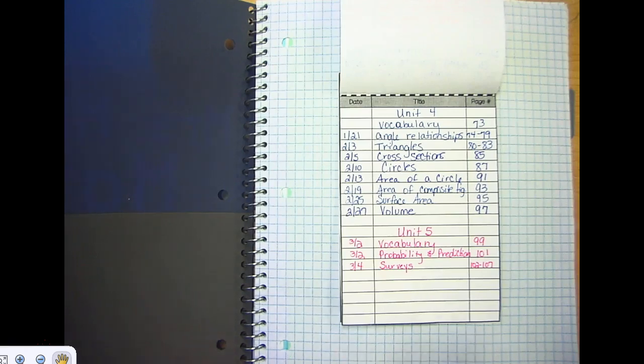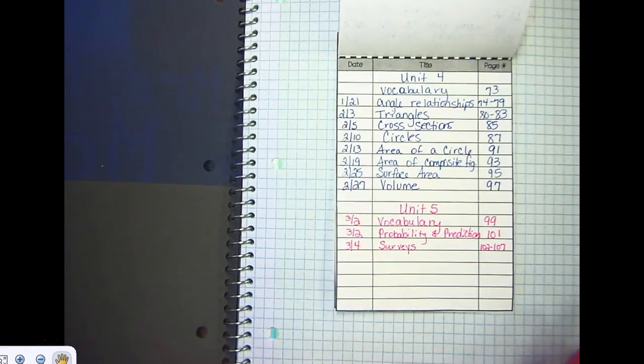Surveys. We're going to call that surveys 102 to 107 in your journal. When you get done, start working on your skills practice.